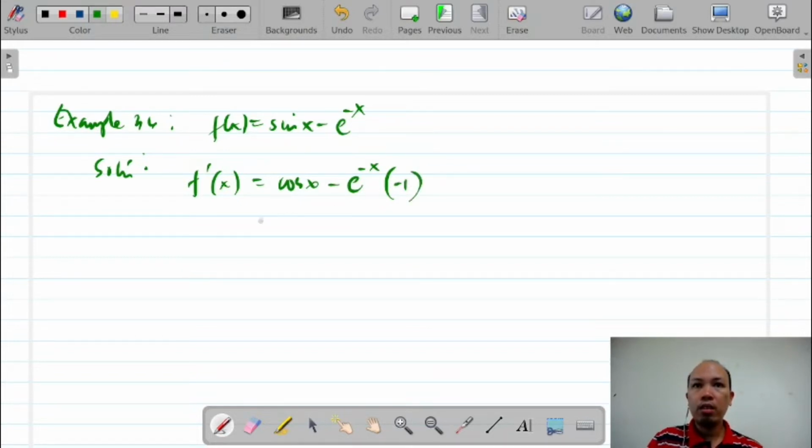So if we are going to simplify this one, we have cosine x plus e to the negative x. Okay, so that's the derivative of sine x minus e to the negative x.